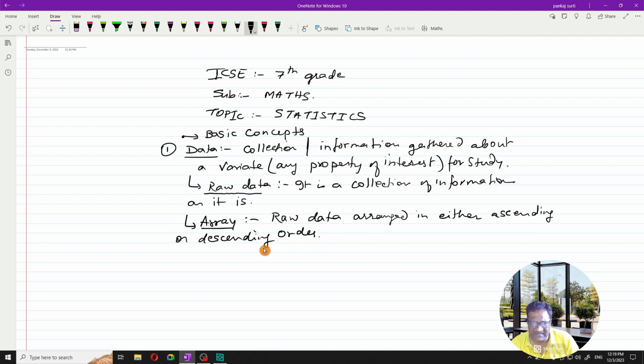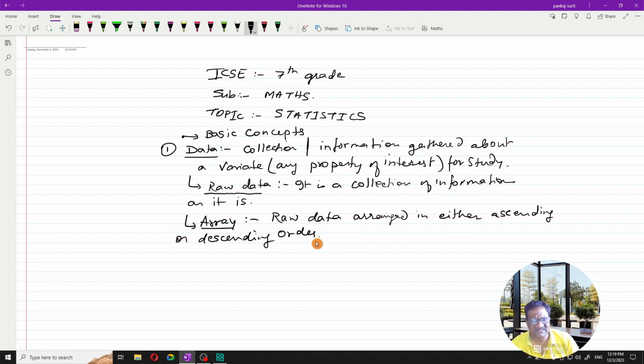This becomes very necessary when you want to analyze the data for some specific purpose. Suppose you want to find out the median, or any other position-related measure, what you can call central tendency. All this you are going to study.